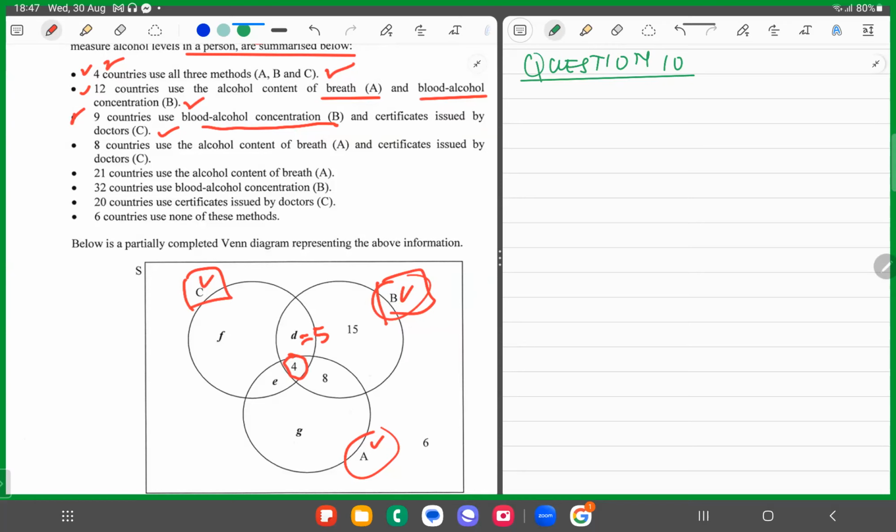We can find some of the values as we go along, as we read this question. So D equals 5.